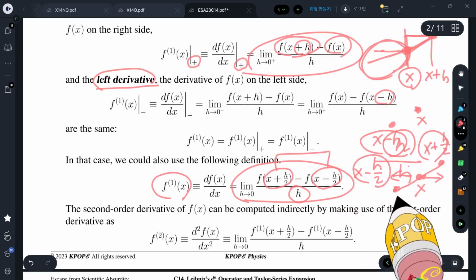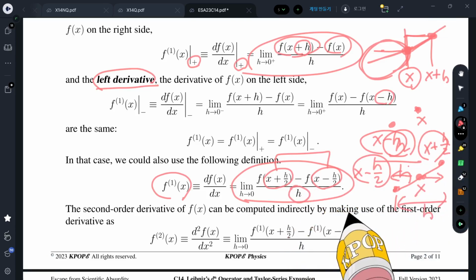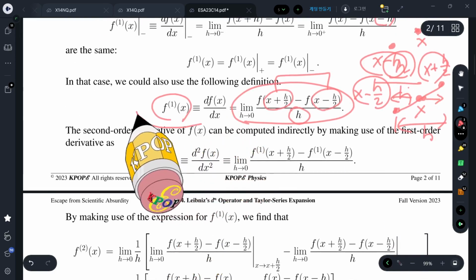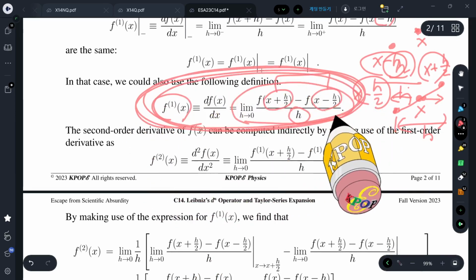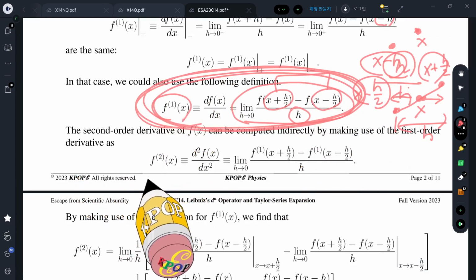And still the difference is h, so I have the same denominator. What about the second order derivative? Here, we would like to make use of this neutral way, the central derivative.